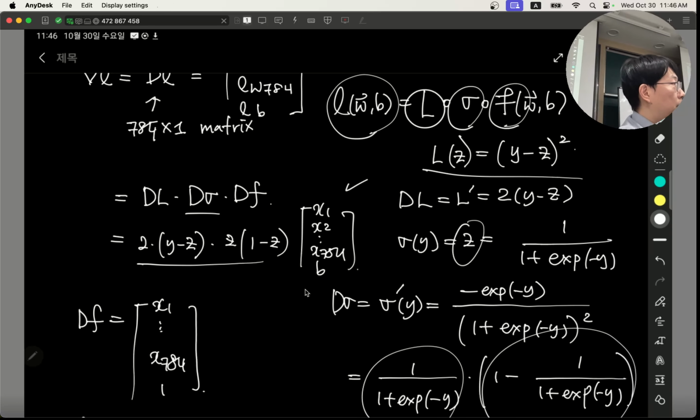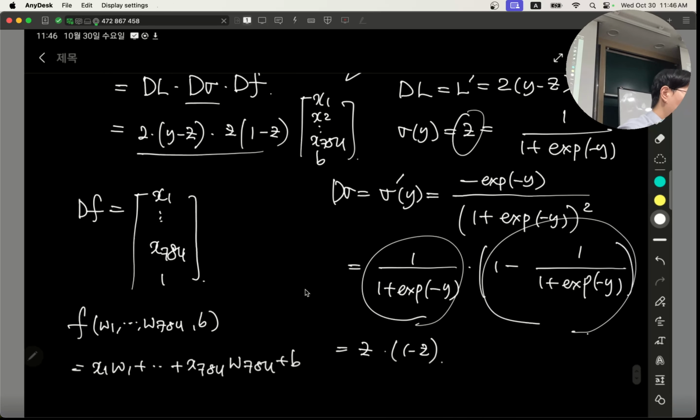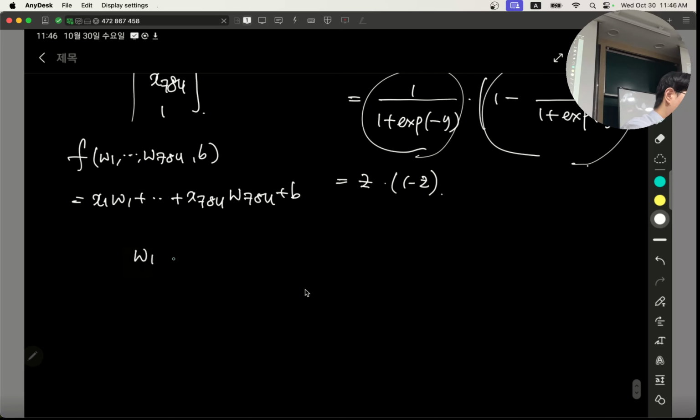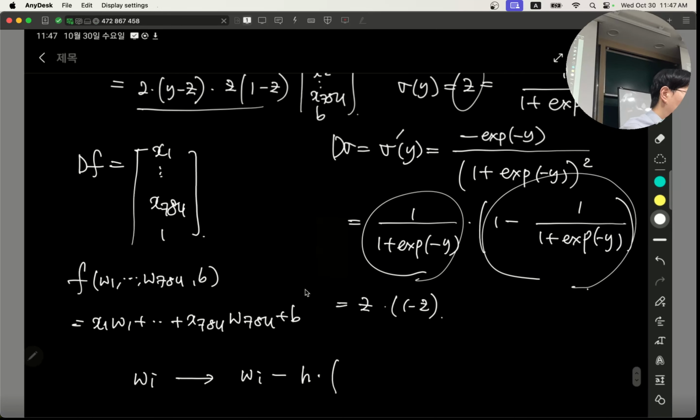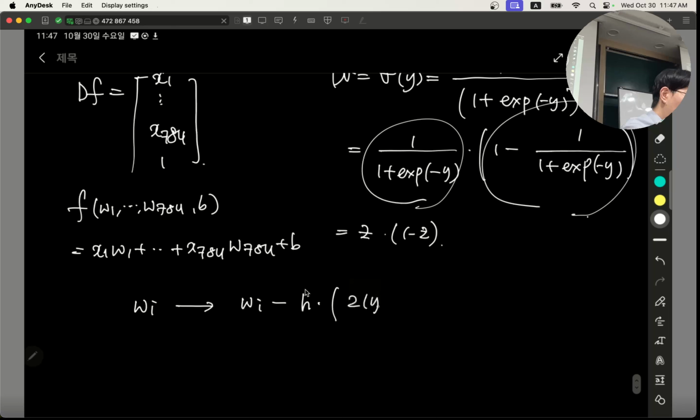So when you think about each coordinate, each variable Wi is moved to Wi plus... actually you have to decrease it, so you shouldn't add in the gradient direction. You have to subtract in the direction of the gradient. So subtract a certain small amount h times the component of this vector, which is 2 times (y minus z) times z times (1 minus z) times xi.